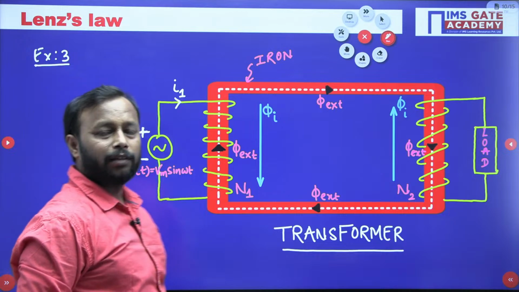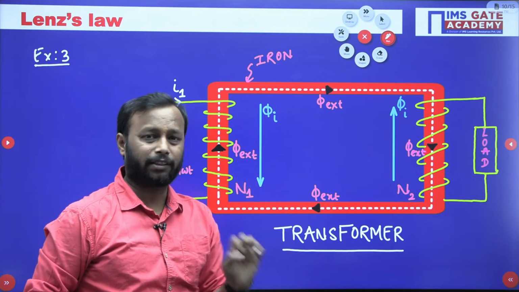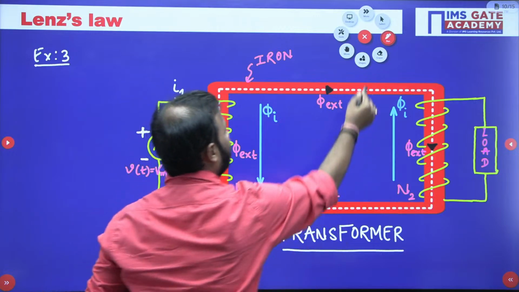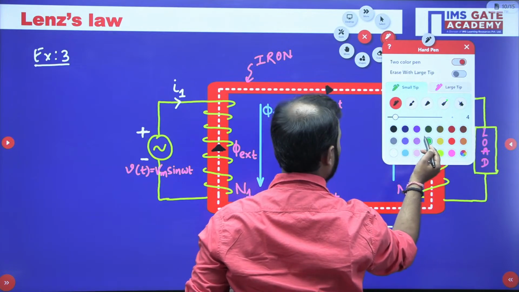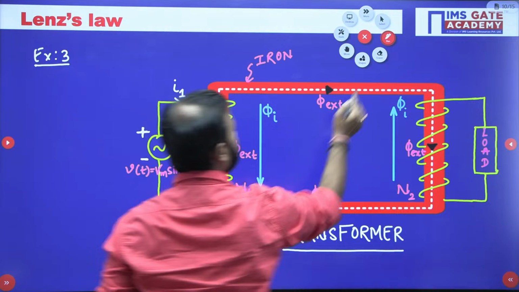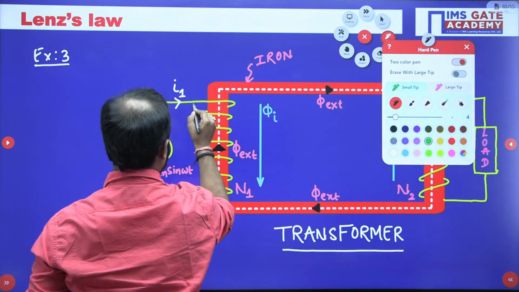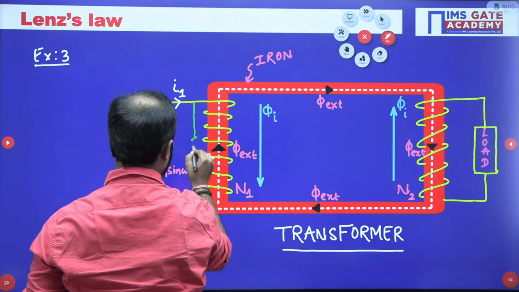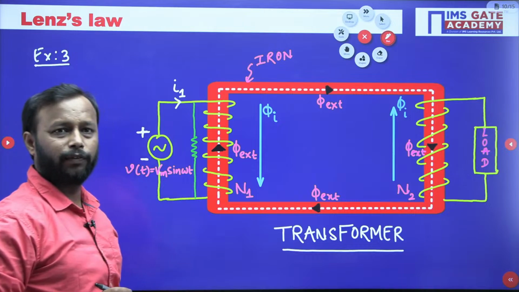Now my next task is to assume the fictitious resistance on both sides. So let me take the fictitious resistance here. I hope this color is visible to you.